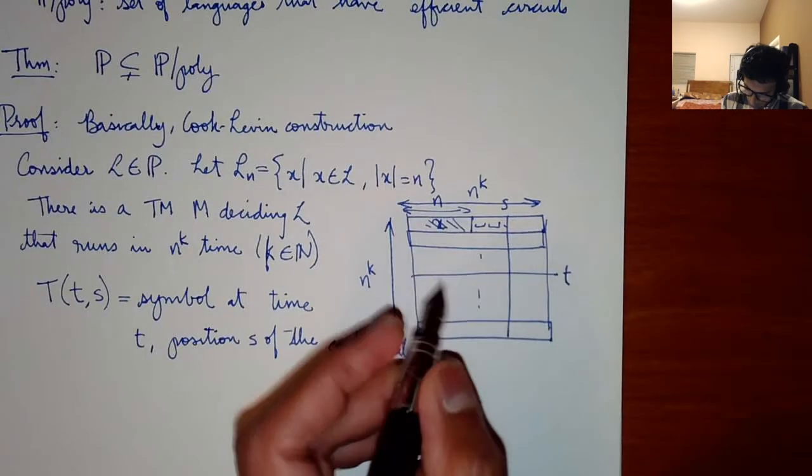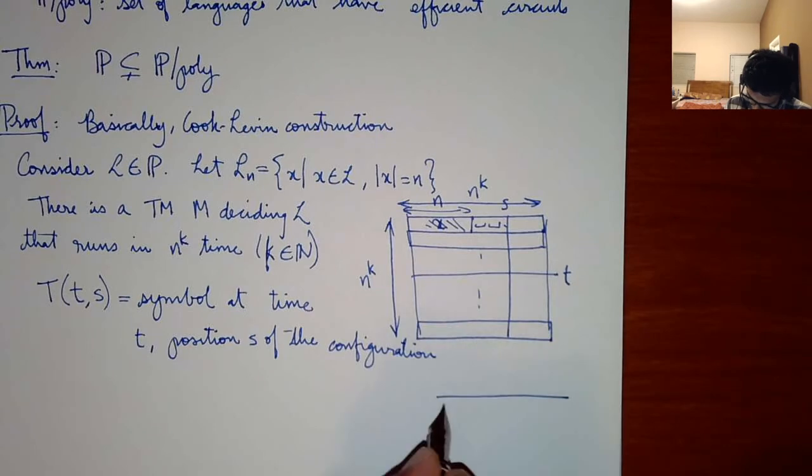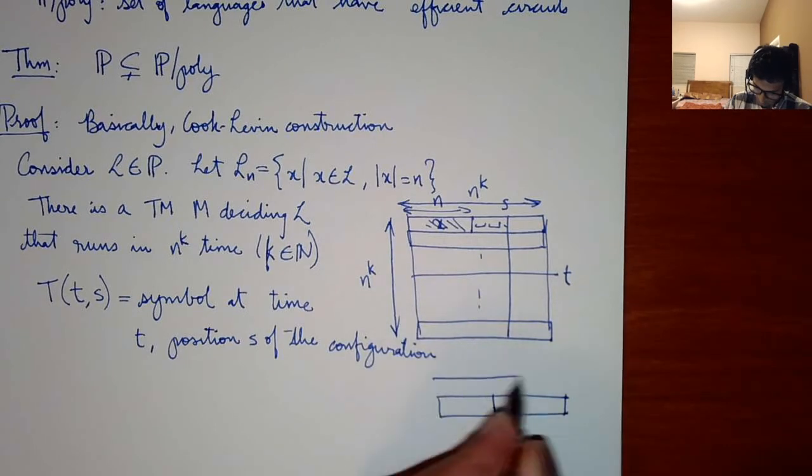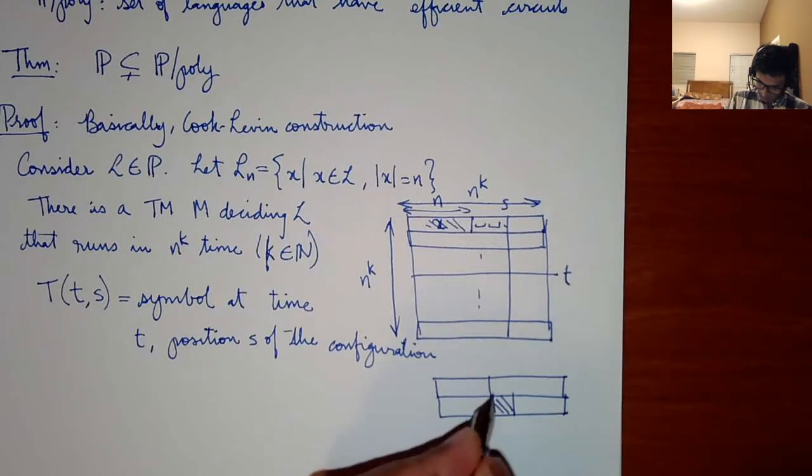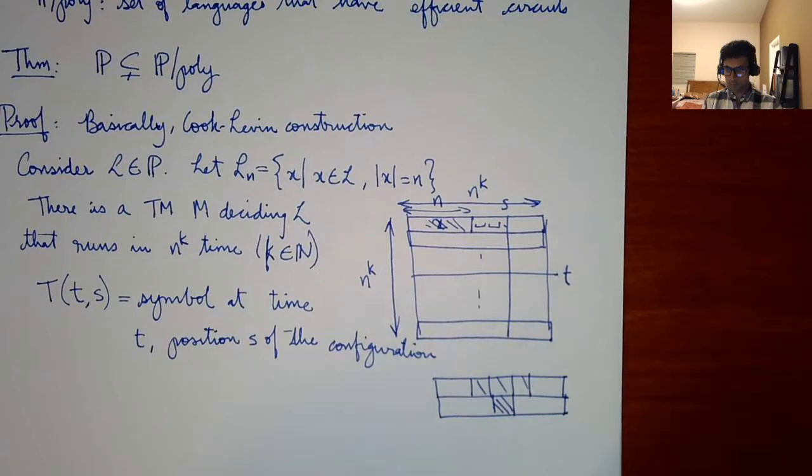So we know that in any tableau, this cell is just a function of the symbols in these three cells.